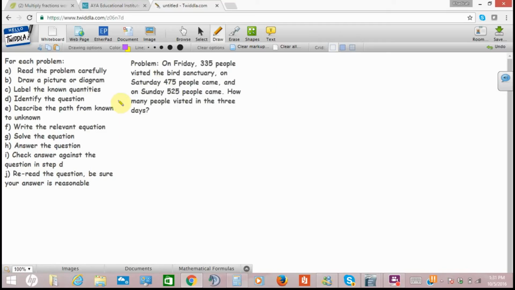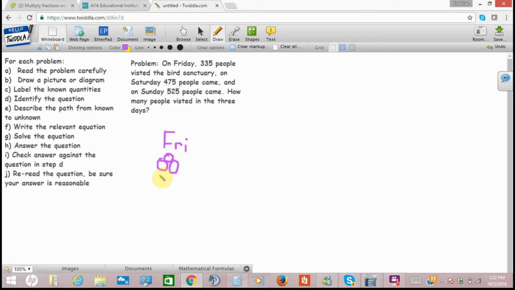Okay, so basically in the second step, we're gonna do B and C together. So you're just gonna draw the problem out and also put the labels, like the days and the people. So Friday, we're just gonna draw some circles for the people.